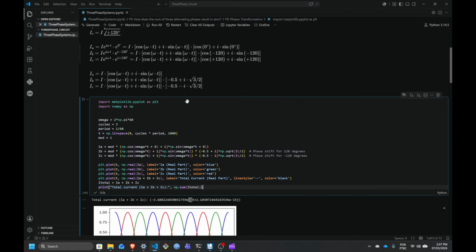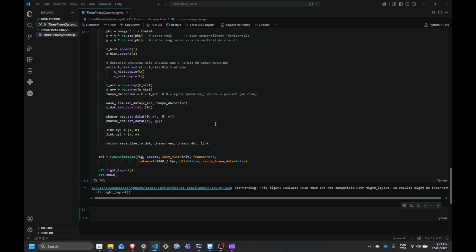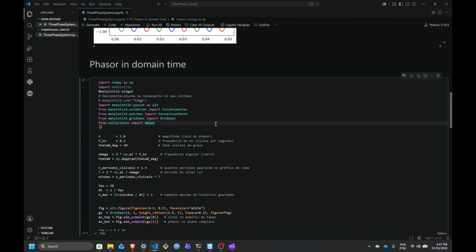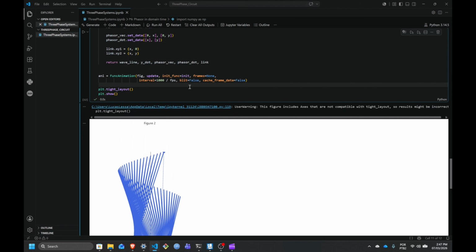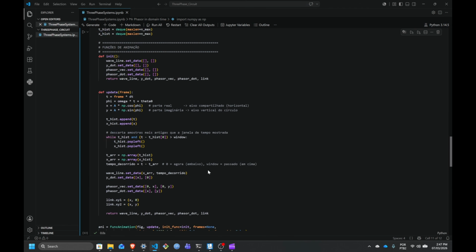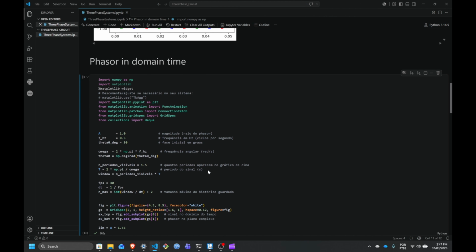I have made a code here that shows how we can do this. I don't know why I have changed this one. Let me see.